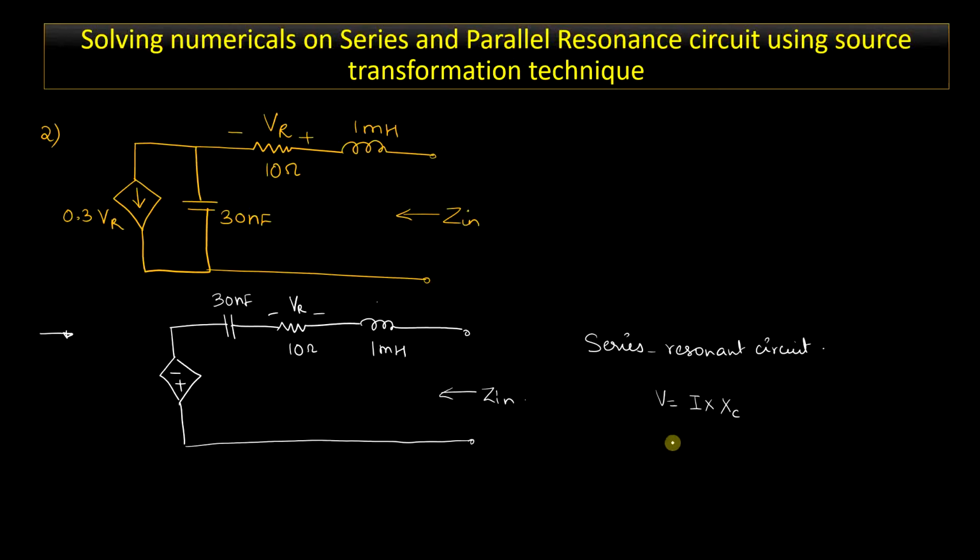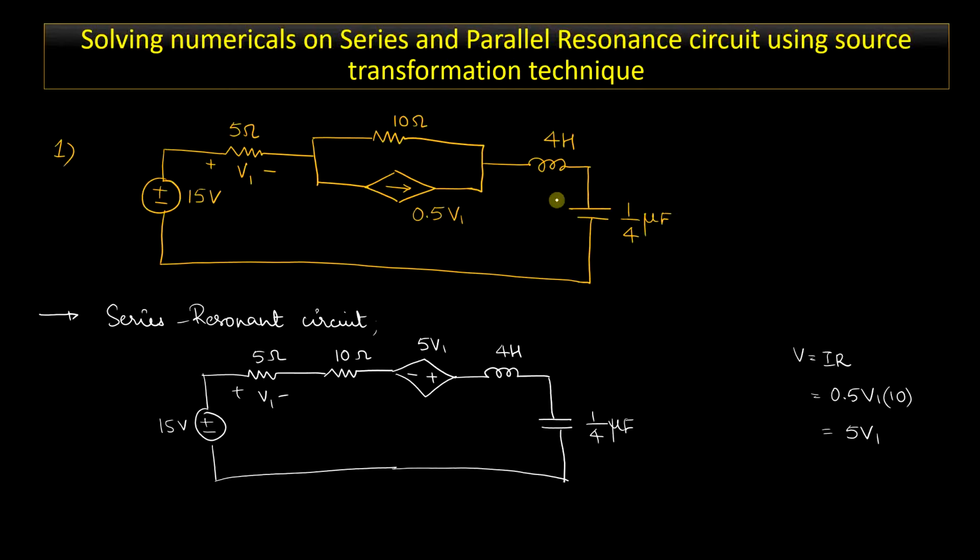So V is equal to I, in this case 0.3 VR, times XC, and I can write XC as 1 by omega C. So this is 0.3 VR divided by omega C. Okay. So remember one thing, whether you are using this circuit or solving the other circuit, whenever you have capacitance and inductance, you have to represent them in terms of their impedances. Okay, so the solution has to be in terms of the impedances here as well.